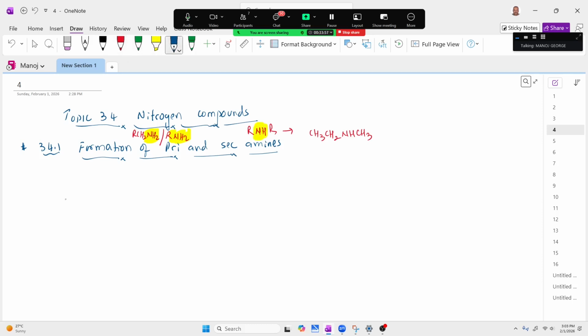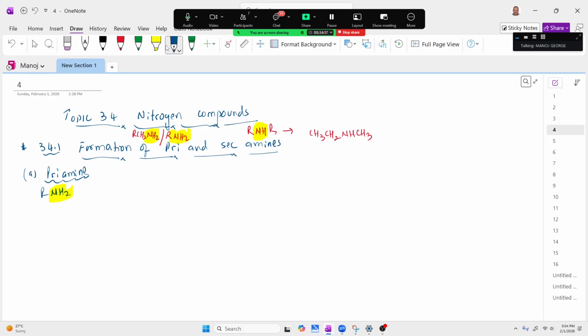Okay, let's have a look. So first of all, how to make a primary amine. I'm starting off with the primary amine. So remember, when I say primary amine, I need to see RNH2. I need to see the NH2 there.